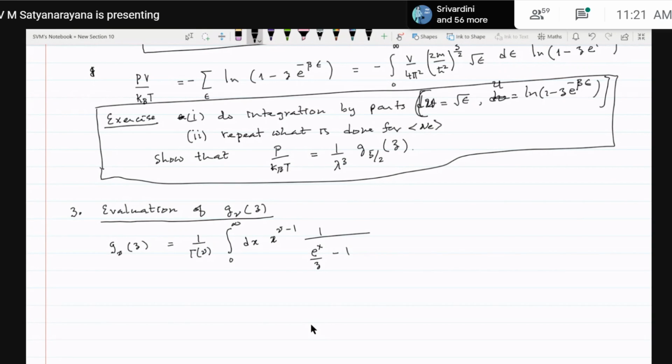So I pull this out, that means e to the x by z becomes z into e to the minus x.